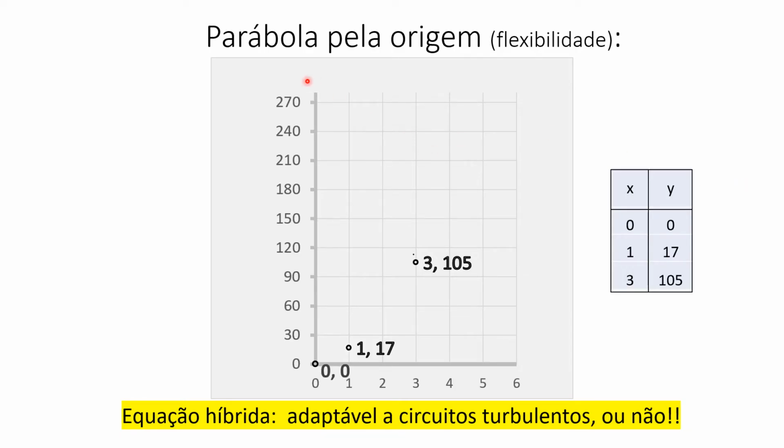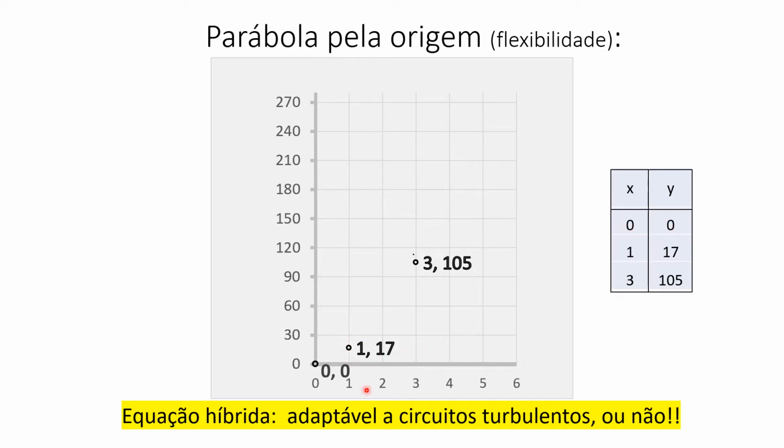Now, going to the mathematics, the parabola is a curve. A straight line cannot pass through these 3 points. And although I have the data here and here, because the curve or the function has to pass through this point, which is 0, 0, then it has to make a curve. So the first point is 0, 0.